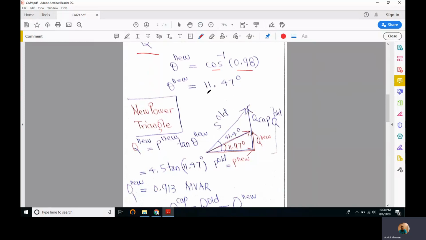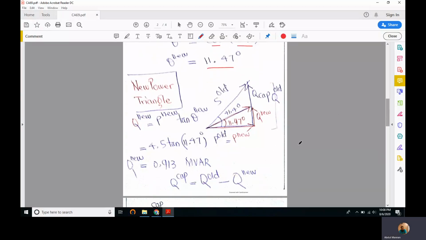11.47 degrees is the angle of the new triangle, whereas 41.4 is the angle for the older triangle. So this Q new, in the red triangle, can be computed as perpendicular over base.